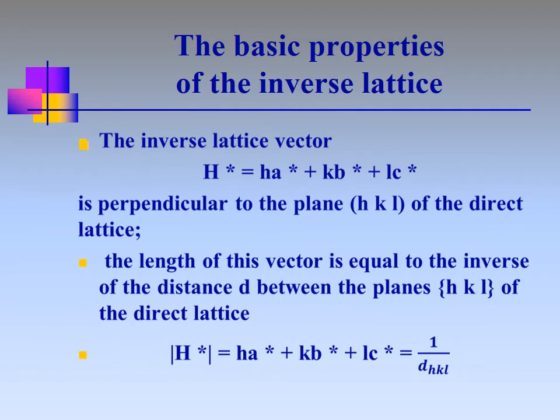The basic properties of the inverse lattice. The inverse lattice vector is perpendicular to the plane h, k, l of the direct lattice. The length of this vector is equal to the inverse of the distance d between the planes h, k, l of the direct lattice, and you can write vector h the following way.